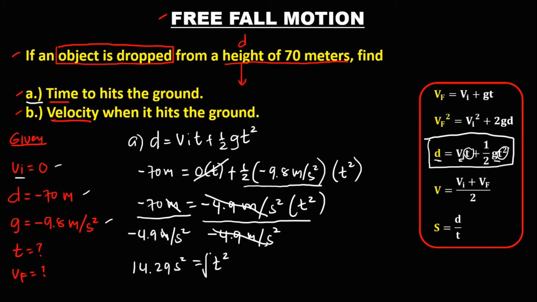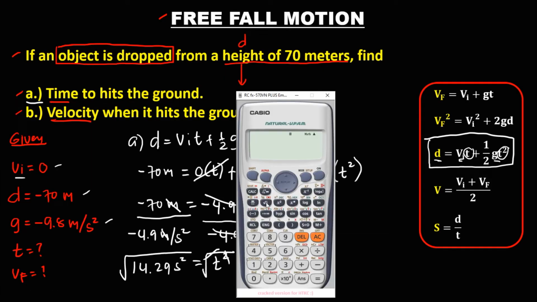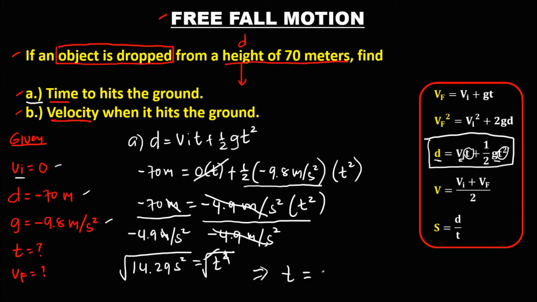Then to solve for the time, take the square root, so the time equals the square root of 14.29, which is 3.78. Cancel the squared on the seconds, so the time is 3.78 seconds.